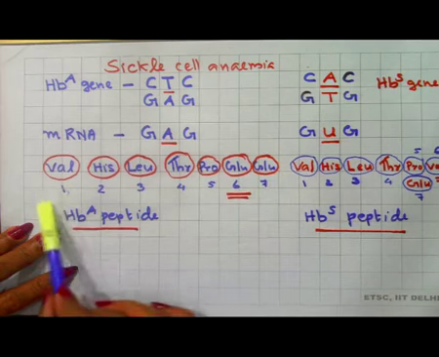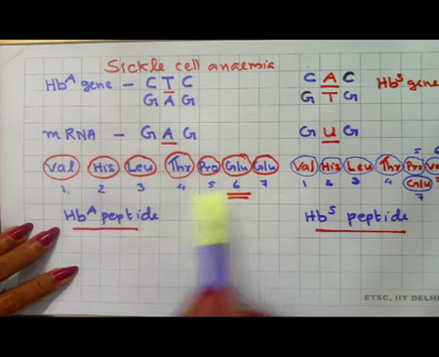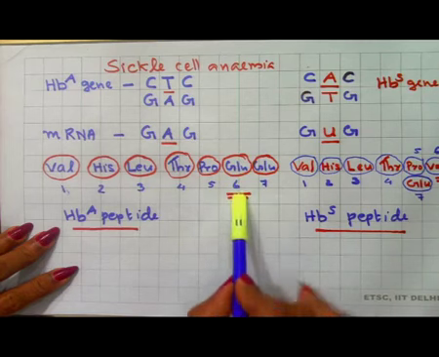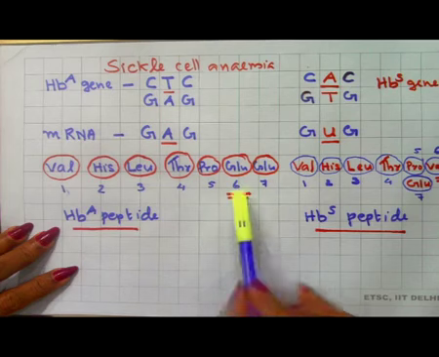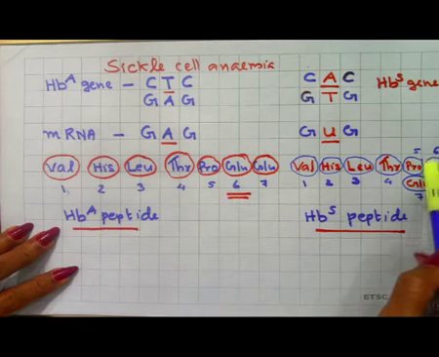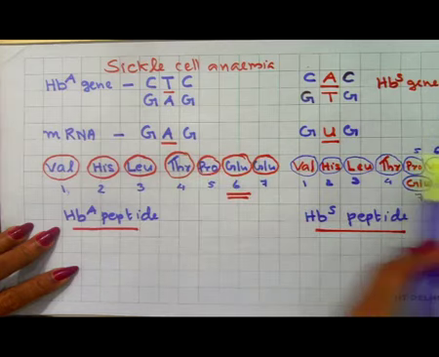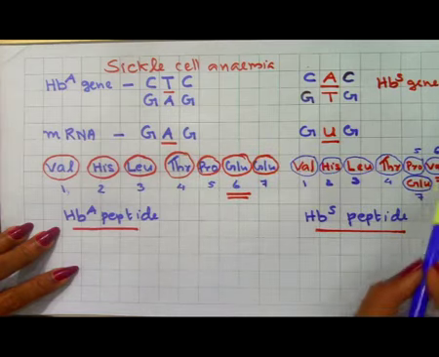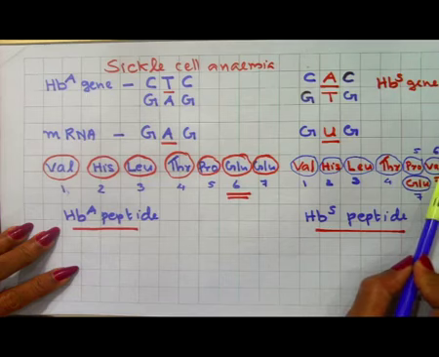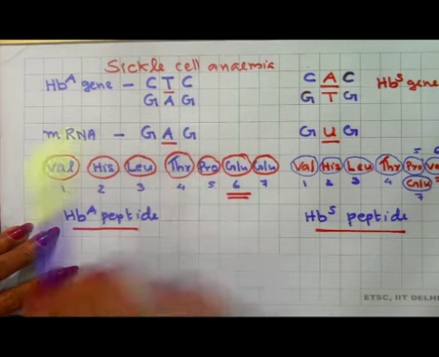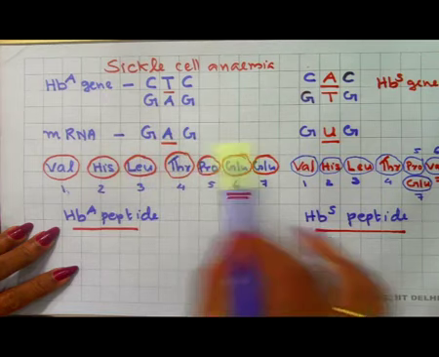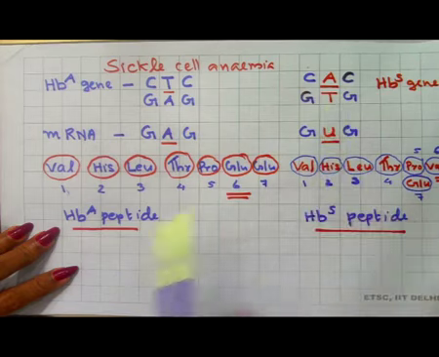Now, this glutamic acid you can see in the 6th position here. But here you see that glutamic acid is replaced by valine at the 6th position. So, this particular condition is due to point mutation, which affects a single nucleotide present in the gene as well as in the codon.